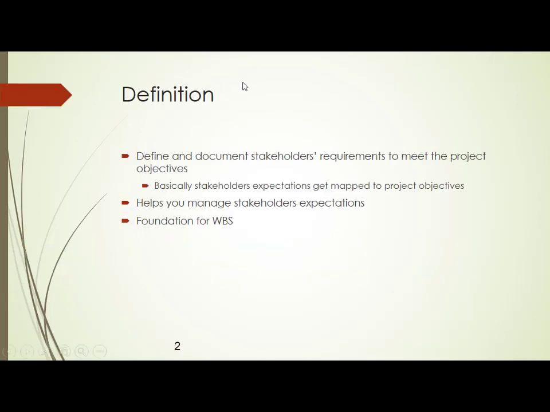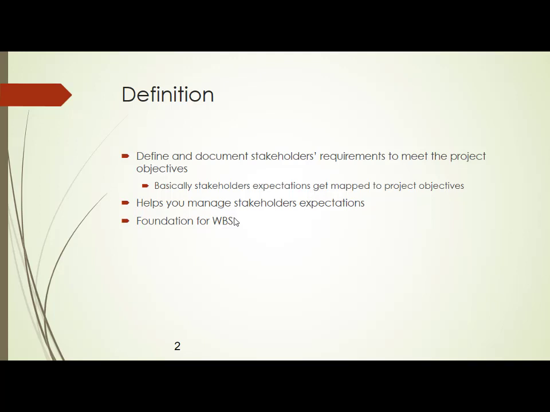Now we know the definition of a stakeholder. So who is a stakeholder? Stakeholders are the persons who can influence the project or who can be influenced by the project. Now generally stakeholders' expectations get mapped to project objectives.